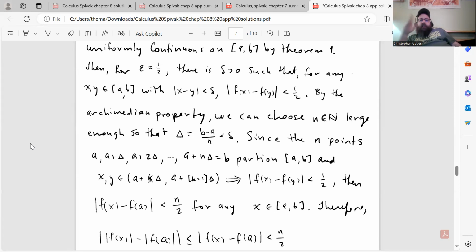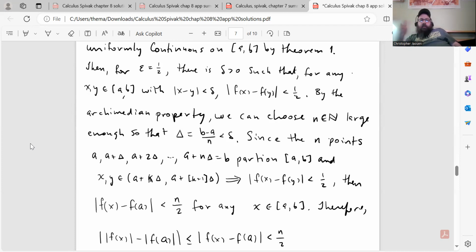Since the n points a plus delta, a plus 2 delta, dot dot dot, up to a plus n delta, which would be the point b, right? That would be the upper endpoint of the interval.